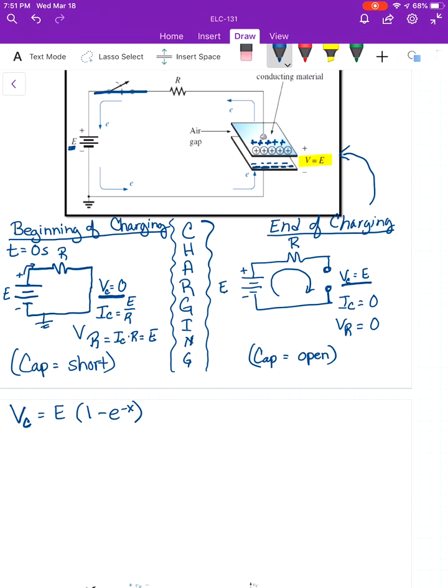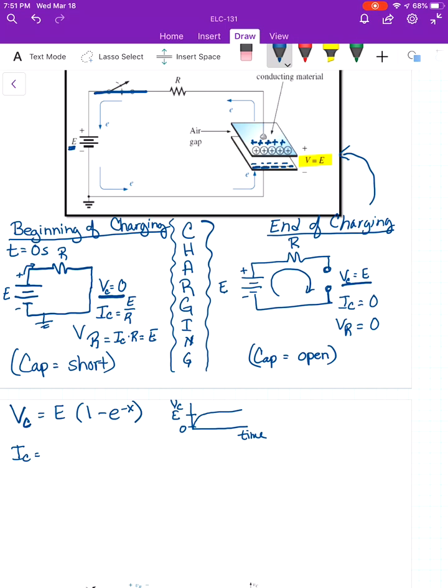So what this says is that our V sub C is starting at 0 and going to whatever that maximum is, which happens to be E in this case. So that's E over time.